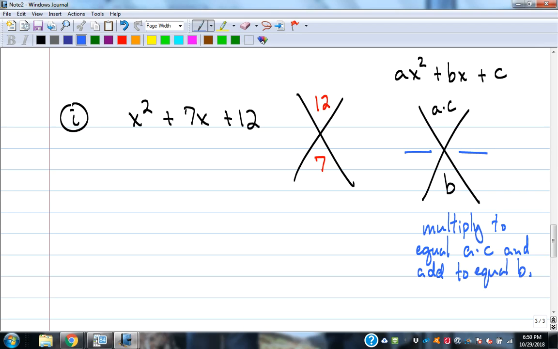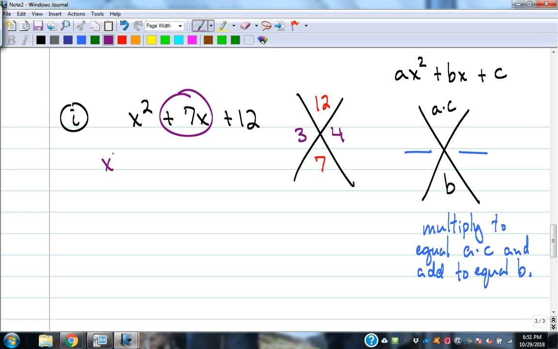That's what we're finding with the X method, are those numbers. I know that 3 times 4 multiplies to be 12, and 3 plus 4 adds to be 7. Here's the beauty of that. We can take this trinomial, this thing with 3 terms, and we're going to turn it into something that has 4 terms so that we can use grouping again, because we already know how to do grouping.